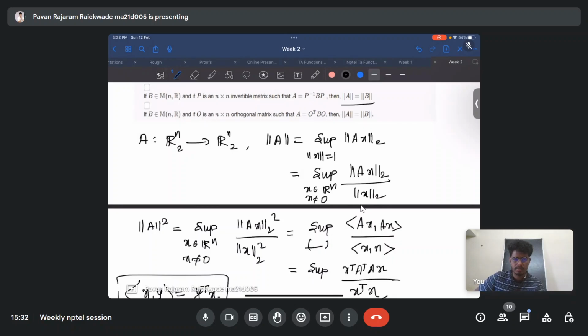Can we not prove that it is not true without taking specific examples? I'm not able to think of any specific example that doesn't satisfy this. So you want to give a proof that the statement is wrong.